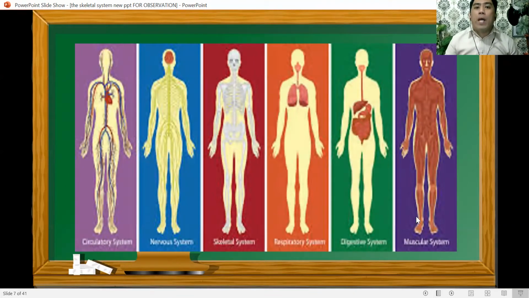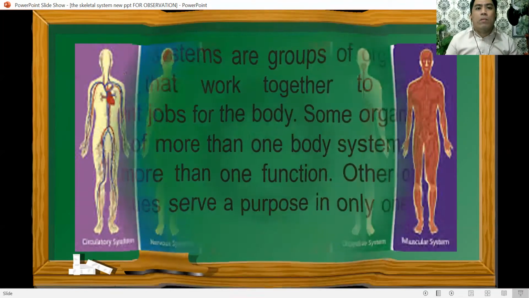Okay, so napakarami nating body systems kagaya nito. Circulatory system, nervous system, skeletal system, now which is topic natin ngayon, respiratory system, digestive system, and muscular system. So marami pang ibang system na hindi diyan nakasama. Okay.